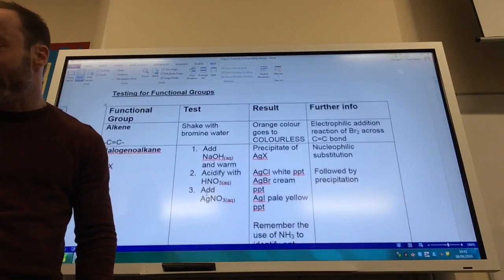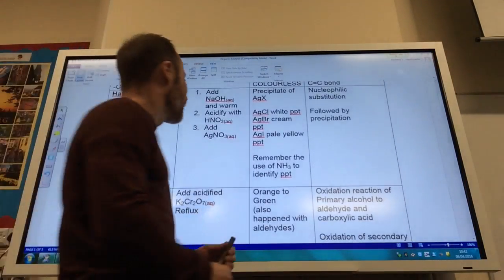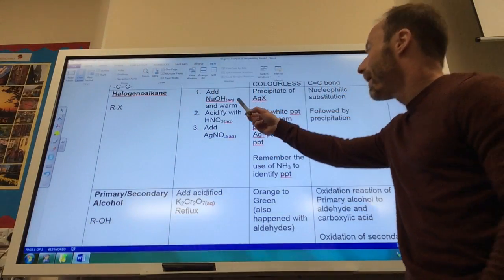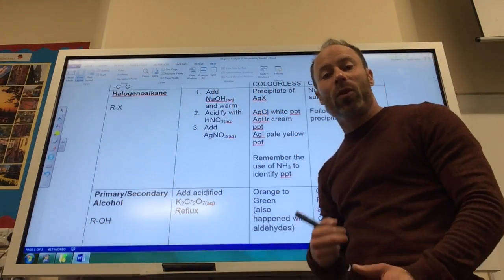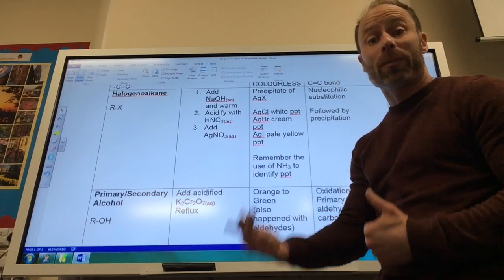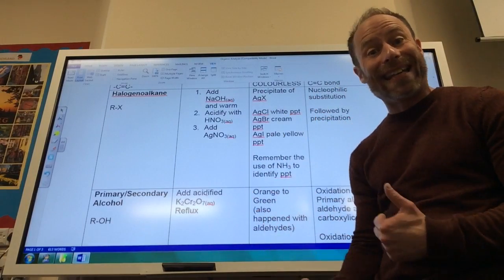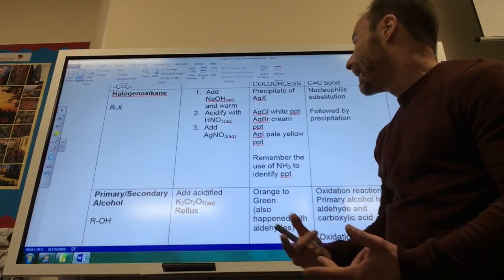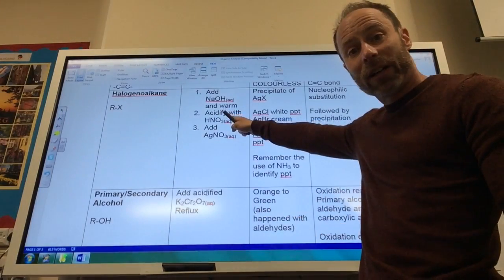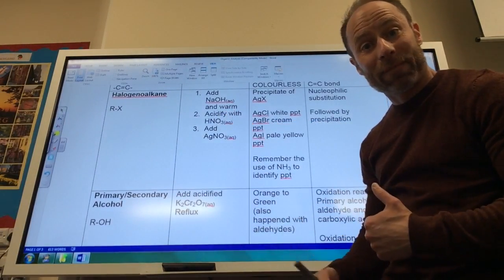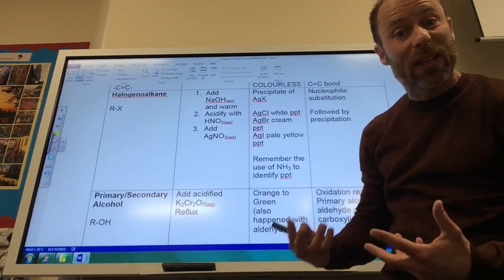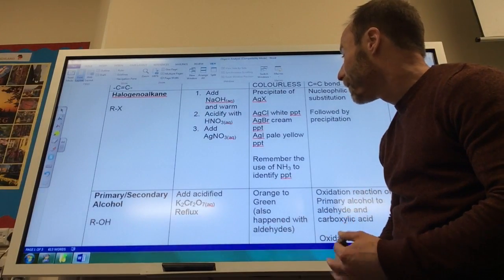Halogenoalkanes, how do we test for these? Well, this one you add sodium hydroxide solution. The hydroxide will substitute the halogen atom and you'll get a halide ion coming out in solution. You acidify with nitric acid. That just gets rid of any carbonates or so on that may be knocking around.